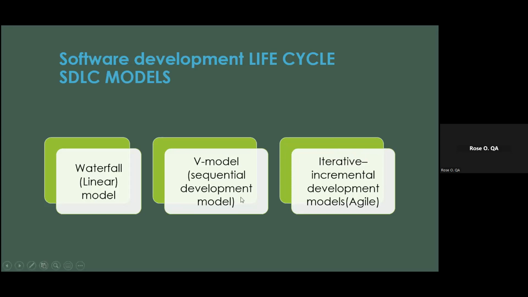Some people still practice the traditional way, which is Waterfall. Always remember, these three are the key ones we really use now, hence our lecture today is going to be based on the three of them.